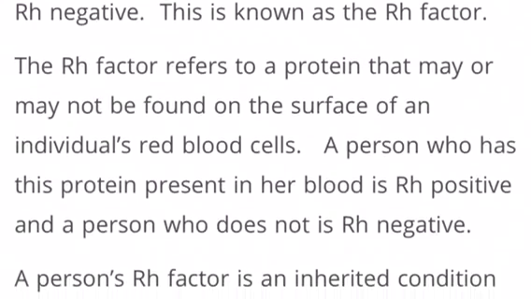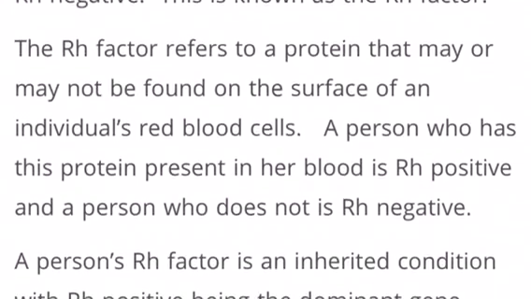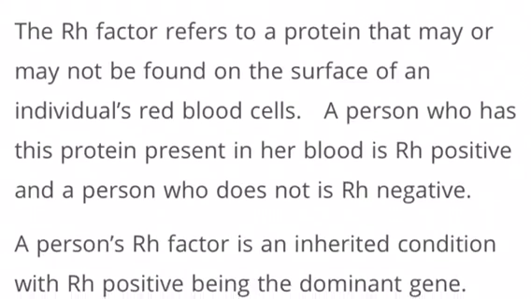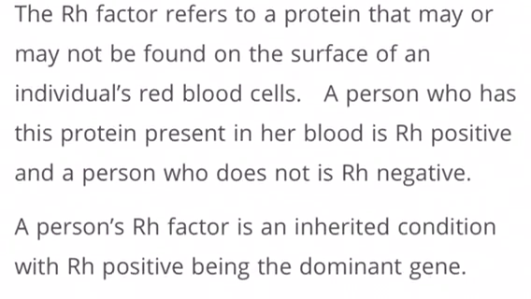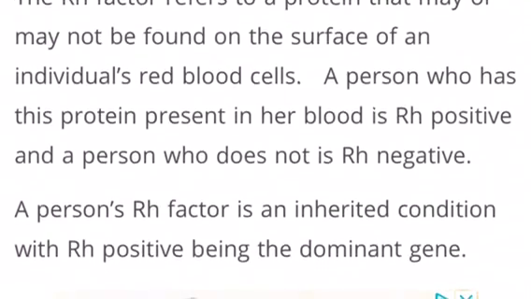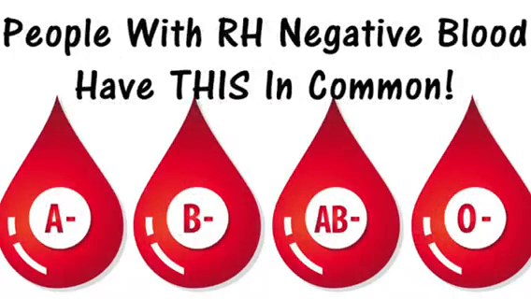Now, the RH factor refers to a protein that either is or is not found in your red blood cells. That RH factor is linked to the rhesus monkey. So if you are RH positive, then you have a link to a rhesus monkey gene. If you do not have the protein, then you do not, and you would be RH negative.